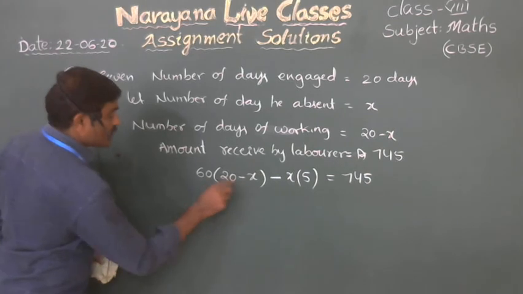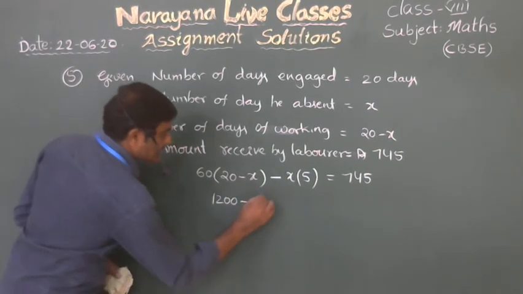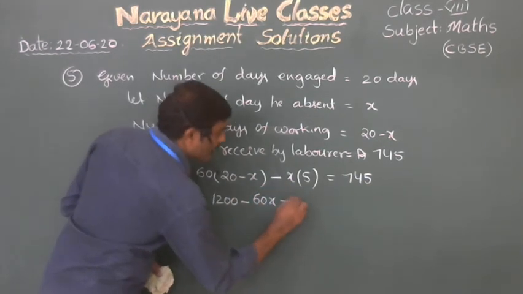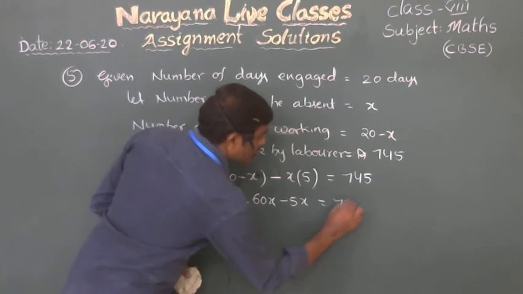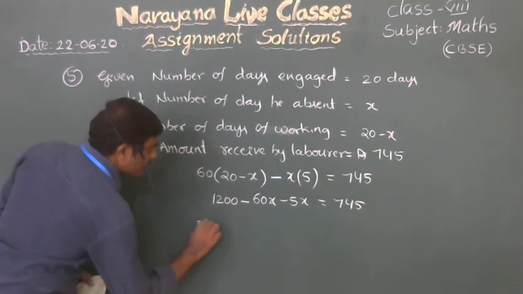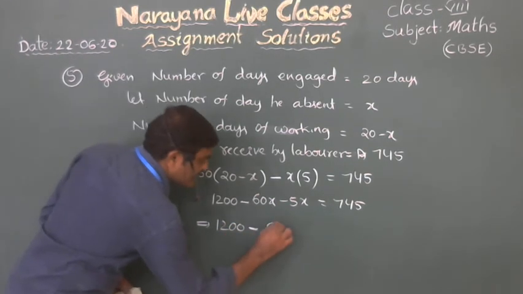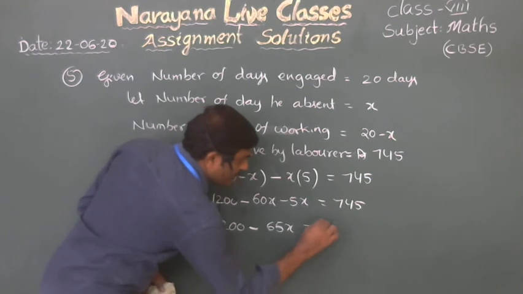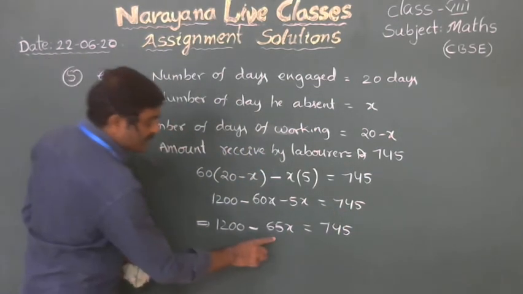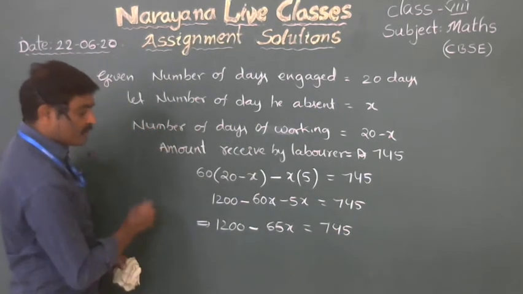So 60 into 20, 1200, minus 60x, again minus x into 5, minus 5x, is equal to 745. Now 1200 minus 60x minus 5x, which is 65x, is equal to 745. So this 65x will be transformed to the right side and this 745 will be transformed to the left side.